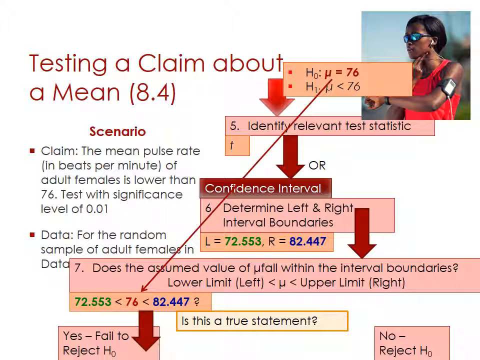This is because the assumed value of 76 does fall within those two limits at a confidence level of 0.99. That means we can be 99% confident that our value of 76 actually falls between these two numbers.